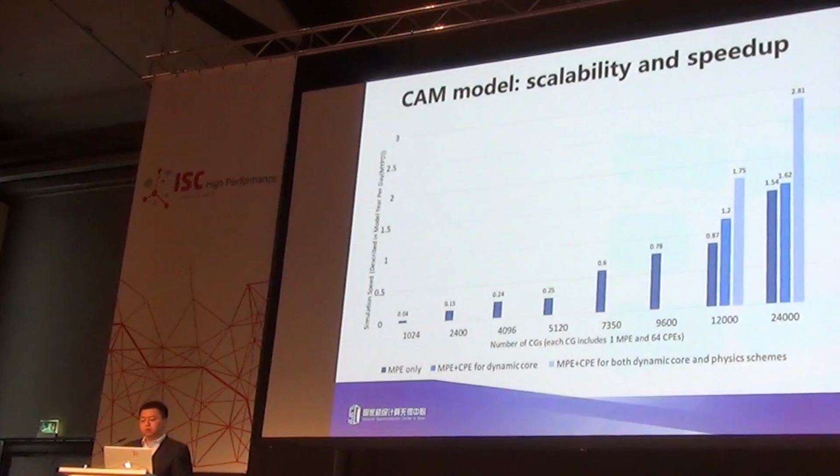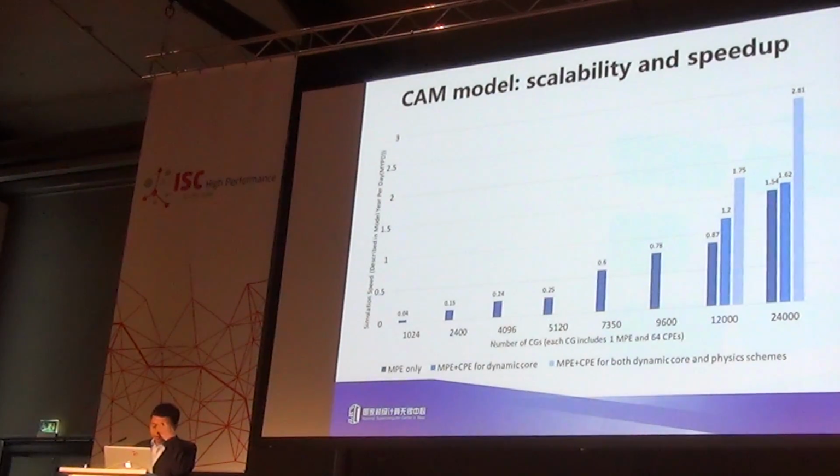So this is the speedup for the entire CAM model. The scalability is still very good. We can scale up to 24,000 CGs, which is roughly 1.5 million cores for this CAM model. But the speedup is not that significant.